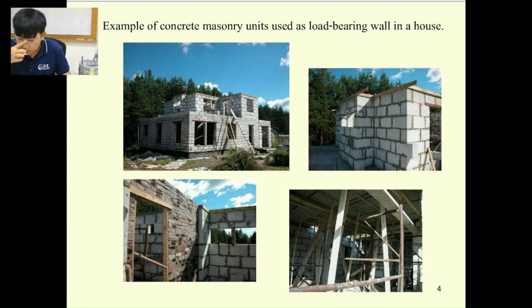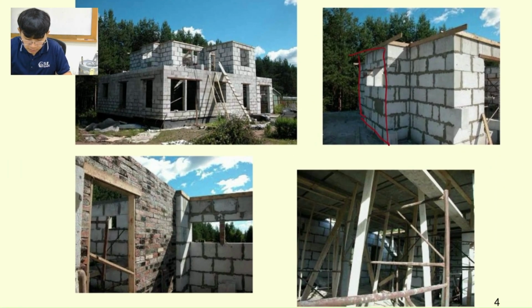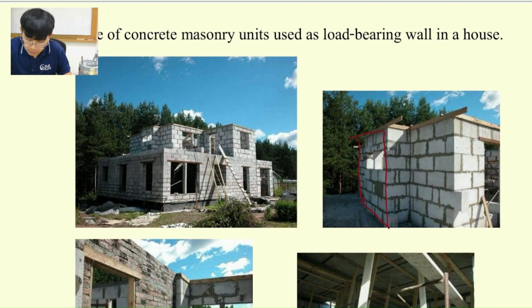In America, normally they don't use beam and columns like us. They use the concrete masonry unit to build the wall. You can see that they pour grout inside the brick in order to make it a bearing wall to resist the force.